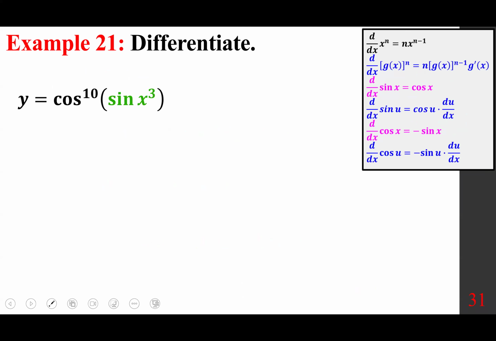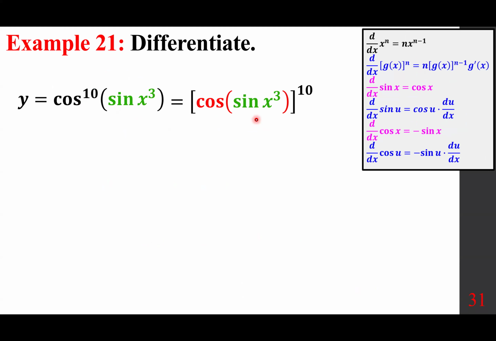Now, cosine to the power of 10 of sine x cubed. First, I want to make sure we understand what this means. So I'm going to rewrite it as cosine to the power of 10, so cosine of the same argument, namely sine of x cubed, to the power of 10.